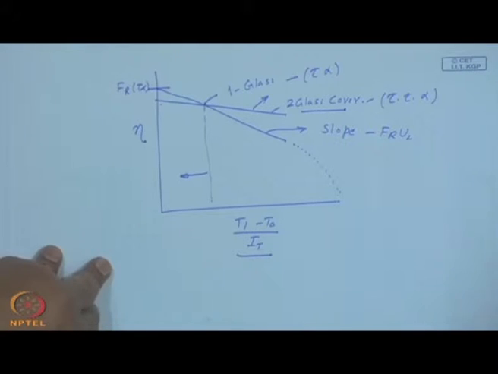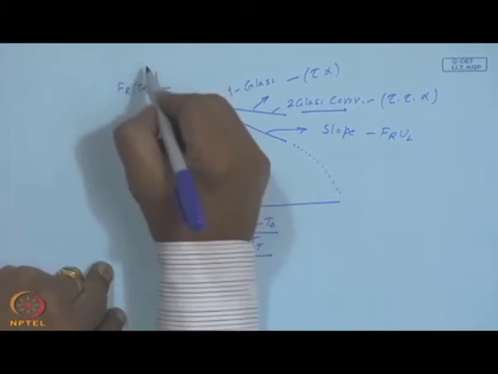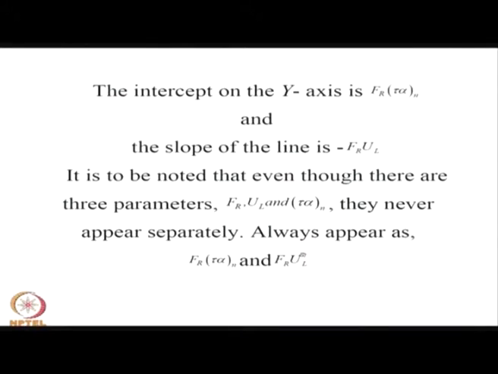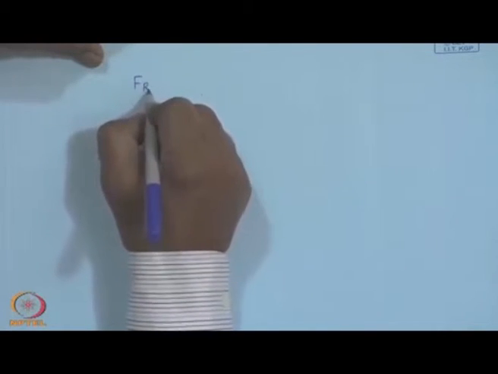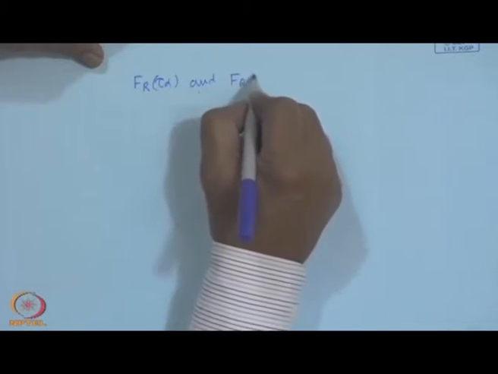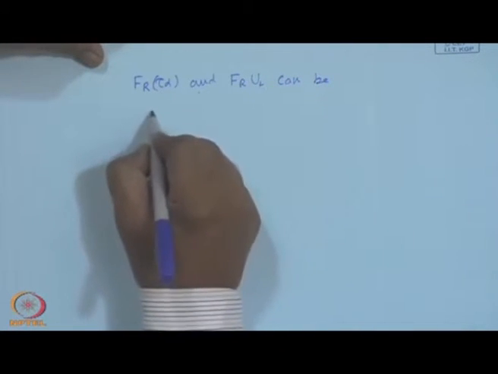In addition to determining the efficiency of the collector, if you fit a best straight line, the intercept on the y axis will give you the property F_R tau alpha, and the negative of the slope of the collector will be F_R U_L. So, the collector parameters F_R tau alpha and F_R U_L can be determined from the experimental points.